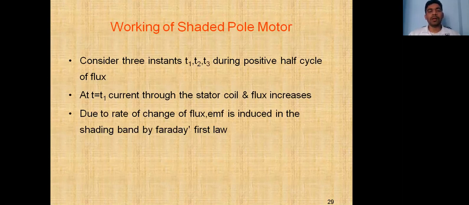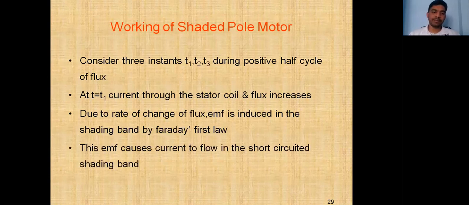Due to the rate of change of flux, EMF is induced in the shading band by Faraday's first law. This EMF causes current to flow in the short-circuited shading band.